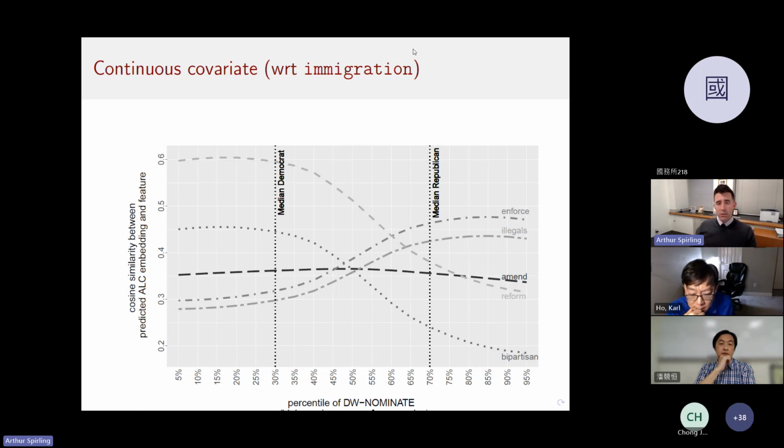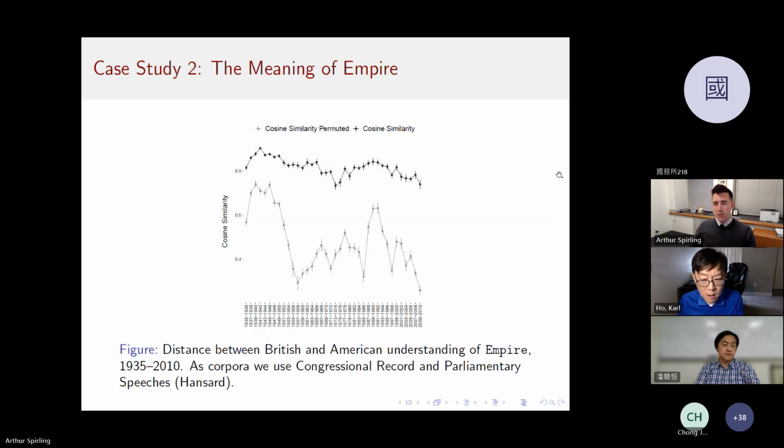We see that a word like illegals, it's actually, I think, a stemmed version, there's lots of words in there, but as we start out on the left, Democrats hardly ever use it in conjunction with immigration. And by the time we get over to the right, the most conservative part of Congress, they are using it much more often.